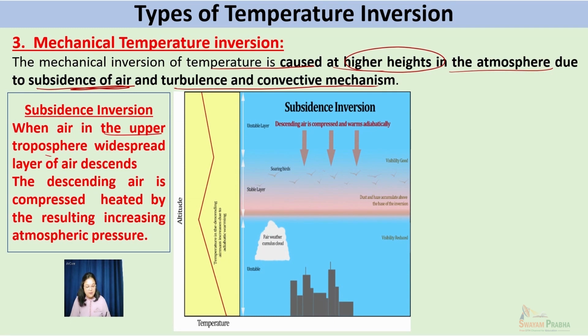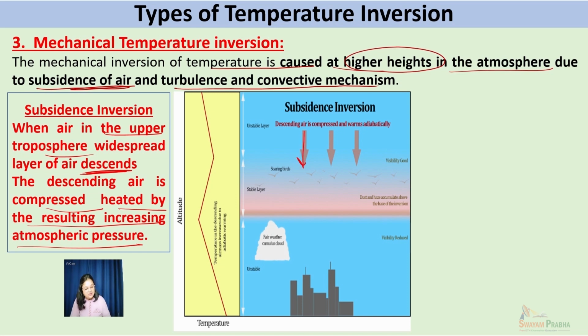When in the upper troposphere a widespread layer of air suddenly descends, and this descending air is compressed and heated by the resulting increasing atmospheric pressure, it is called subsidence inversion.